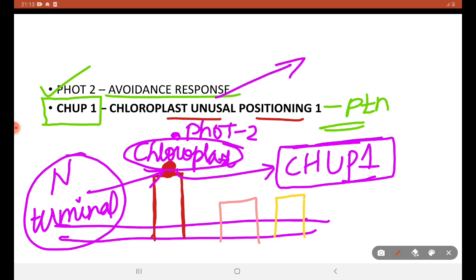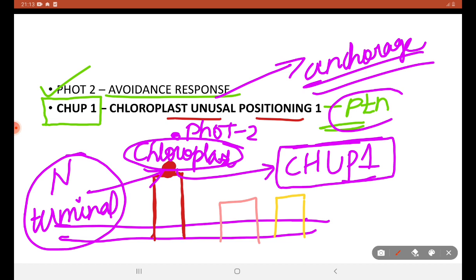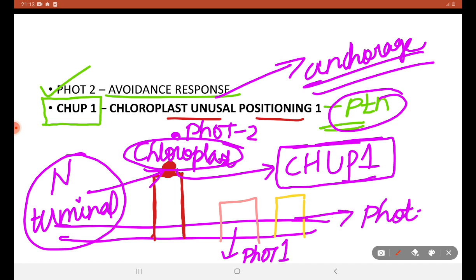Basically, it is associated with anchorage. It is a protein. Consider this as Phot1, this as Phot2. Phot1 and Phot2. Chloroplast unusual positioning 1 helps in anchorage.